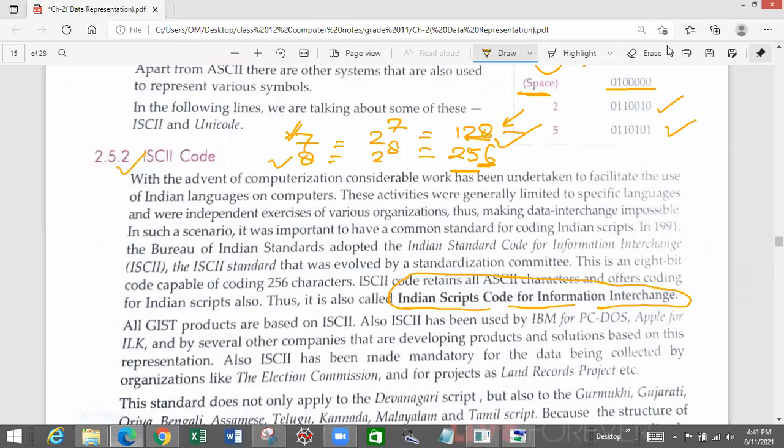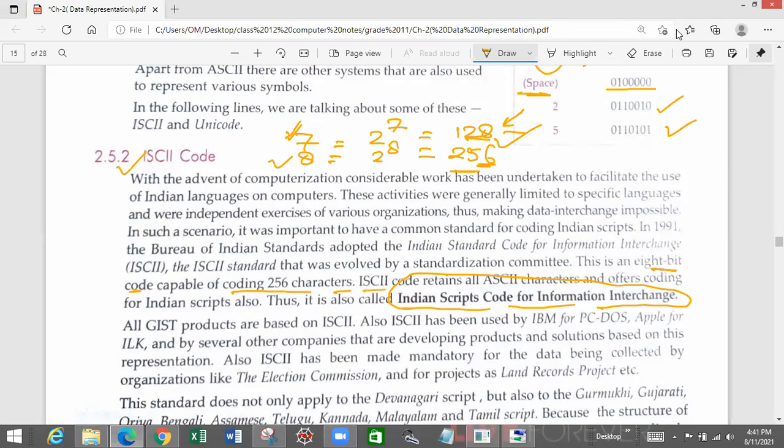These codes provide us the means to enter data or symbols in our computer system using Indian languages, the Indian Standard for Information Interchange. Now this is also an 8-bit code and capable of coding 256 characters.